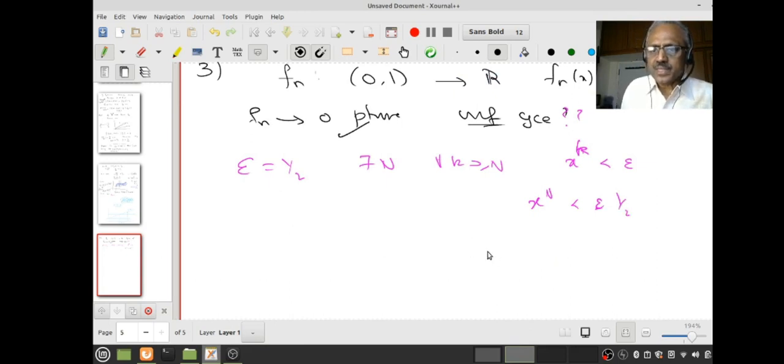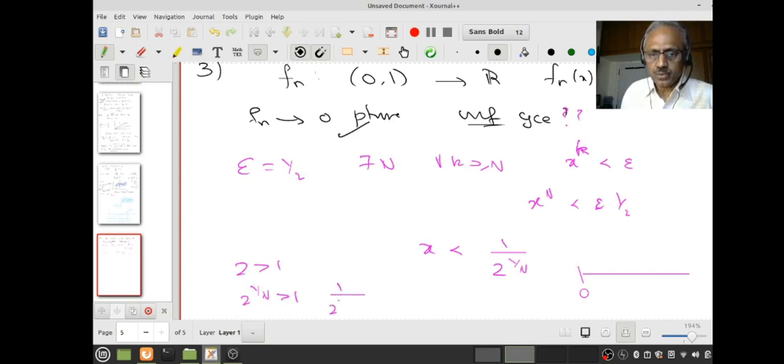Now what does it mean? That means x must be less than 1 by 2 to the power 1 by N. I have 0, and remember 2 is greater than 1, therefore 2 to the power 1 by N will be greater than 1, therefore 1 upon 2 to the power 1 by N will be less than 1, and it's already positive, therefore it will lie here somewhere.